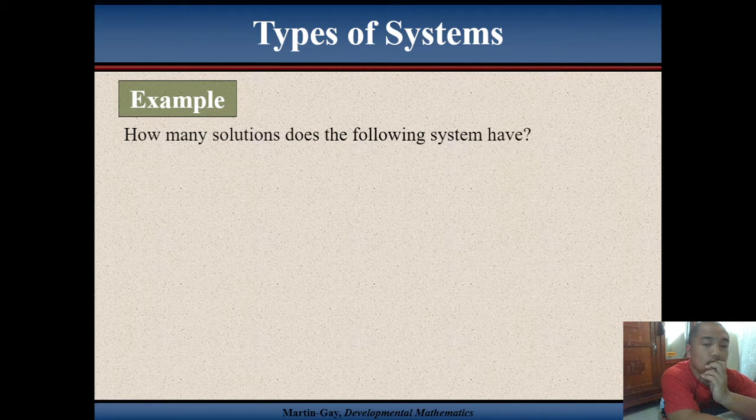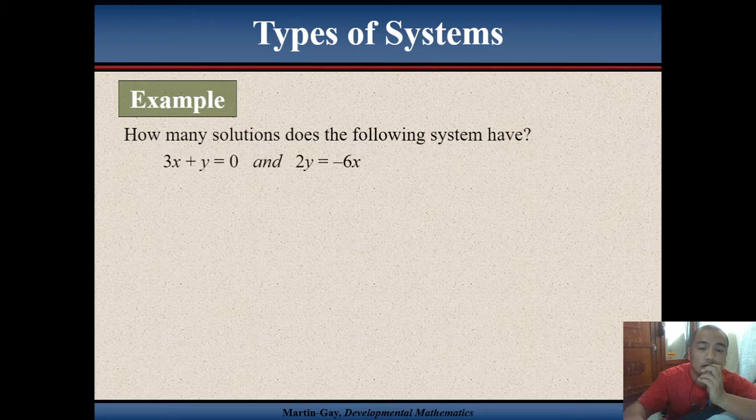So how many solutions does the following system have? For number 1, 3x plus y equals 0 and 2y equals negative 6. Okay, what's your answer? 10 seconds.